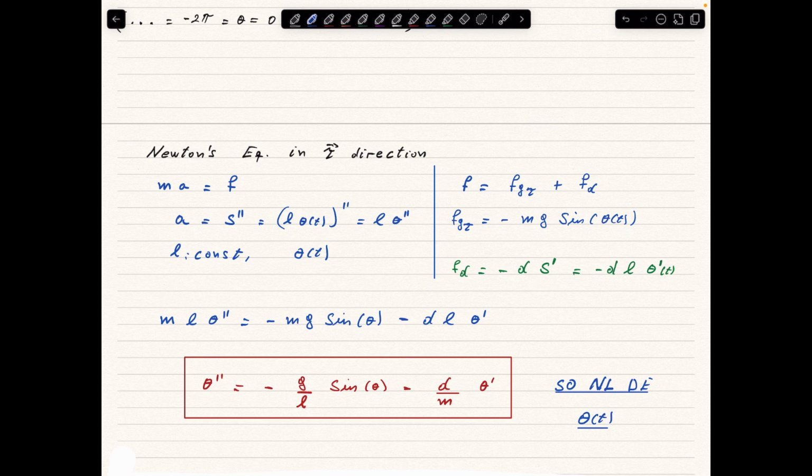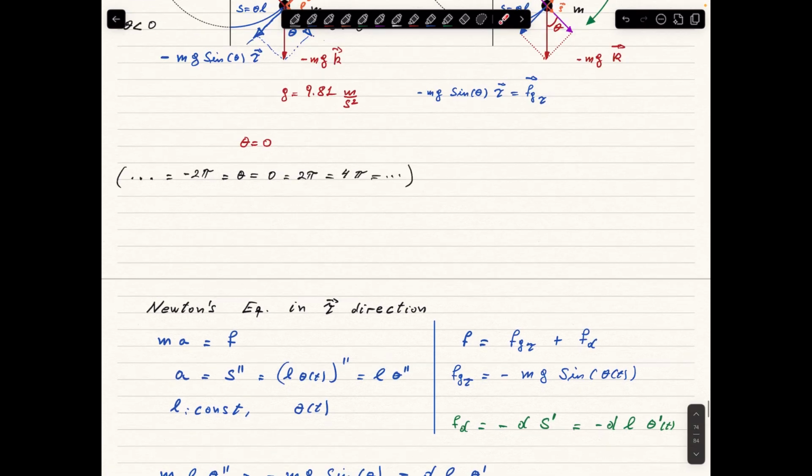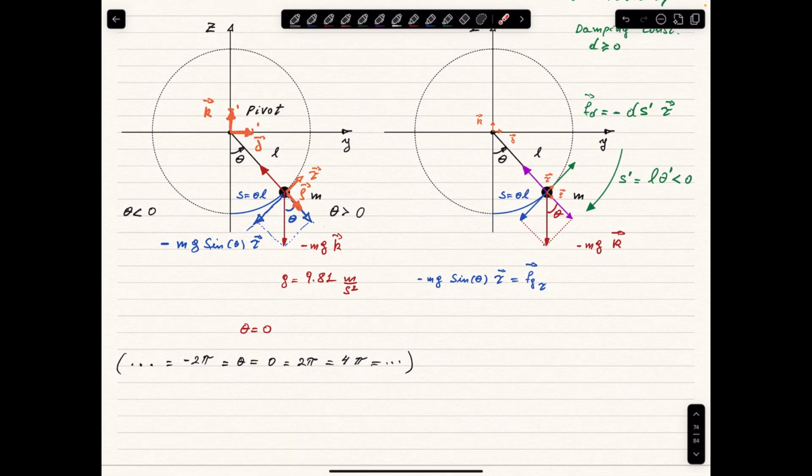Let's see what happens to this equation in the case of small oscillations. Small oscillation means the pendulum here is moving only from, let's say, this position to that position. So the theta for all times is much smaller than 1 radian. 1 radian is like here, so 10 times smaller at least.